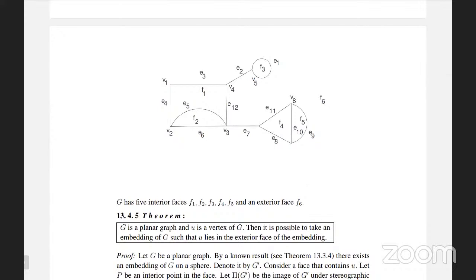That is a space region. Next, F3 is also bounded, F4 is also bounded, F5 is also bounded. These are all bounded regions, so we call them interior faces. A point that is outside is in the exterior face, so we call it F6, the exterior face.